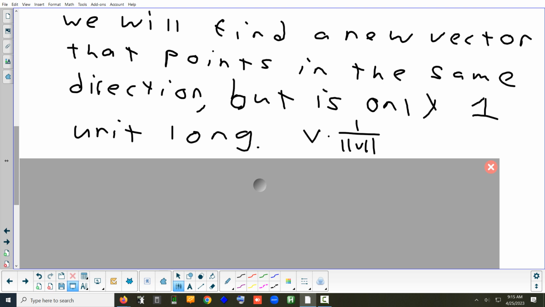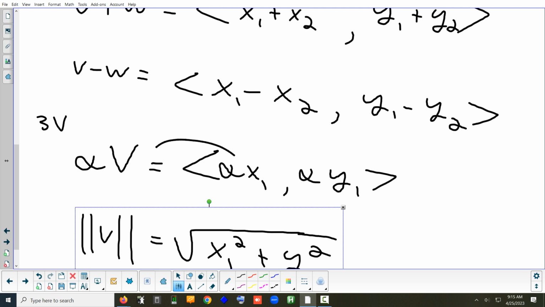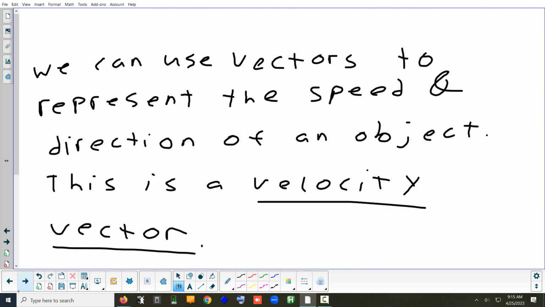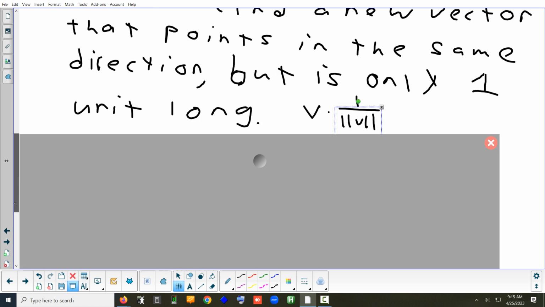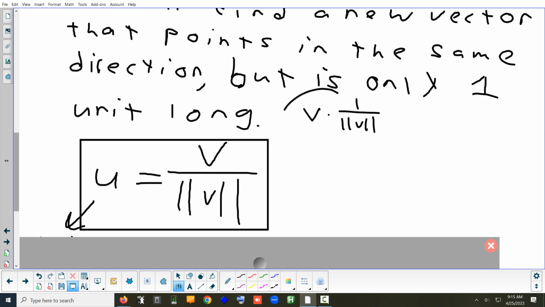And remember, when you multiply a vector by a scale factor, how do you do it? It's like a distributive property. You multiply each component by whatever you're scaling by. So if I simplify what I just wrote right here, you could multiply these together. Think of that as like a fraction v over 1, and multiply straight across.